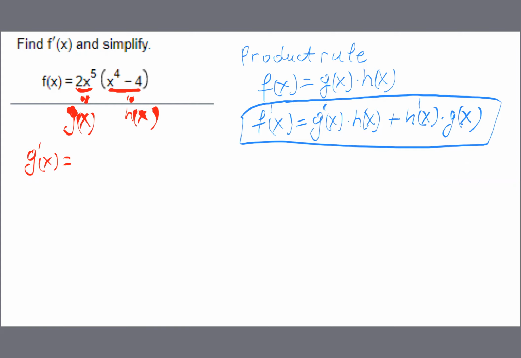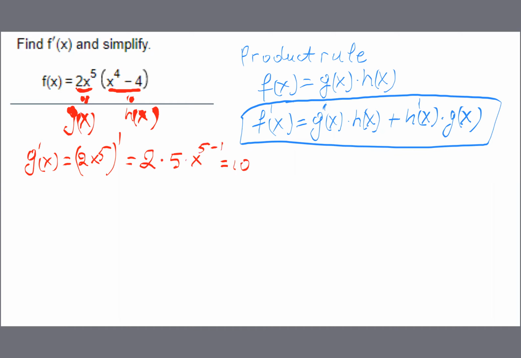So g prime of x is the derivative of 2 times x to the 5th. So we have a constant 2 times the derivative of x to the 5th, and that is 5 times x to the 5 minus 1.